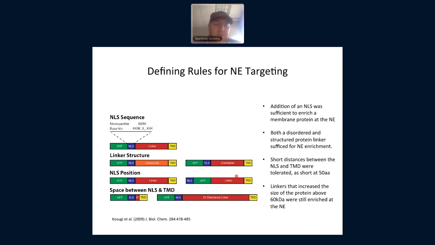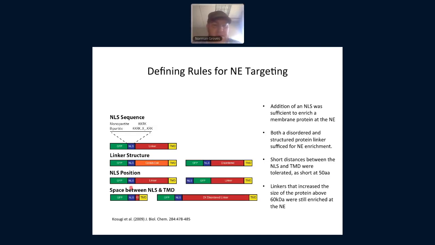In the case of the disordered linker, you already saw that data. We also tested a coiled coil domain, and that was also sufficient for enrichment at the nuclear envelope, although we did see an increased number of aggregates due to the coiled coil domain, and it was slightly less efficient in its ability to enrich.